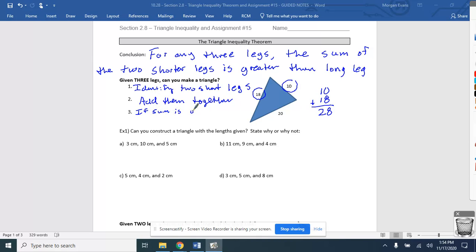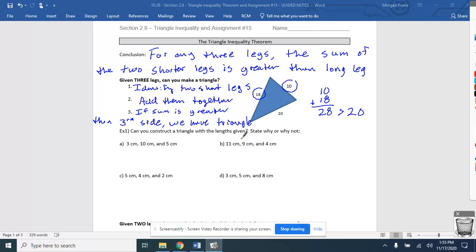If the sum is greater than the third leg, then we can make a triangle. So, for example, 10 plus 18 is 28. 28 is greater than 20, so it is a good triangle.